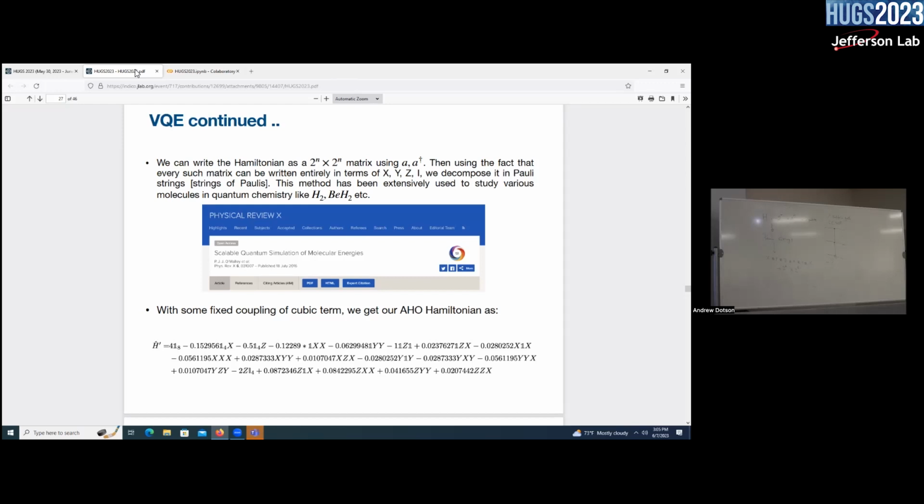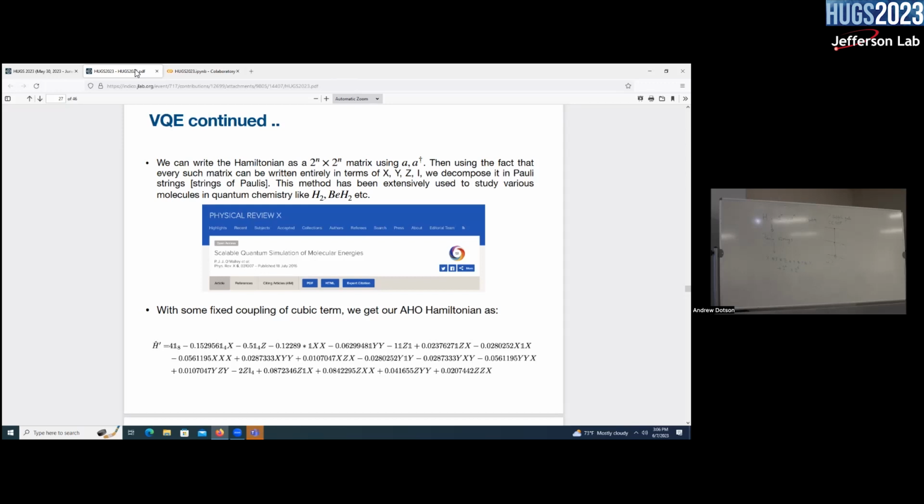This is one of the important papers which was written. They computed the energy using variational methods for a hydrogen molecule or beryllium hydride, BeH2. You can refer to this paper if you're more interested. What I want to talk about is, say, an 8 by 8 anharmonic oscillator.